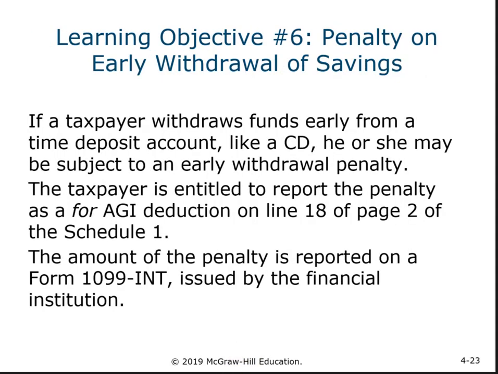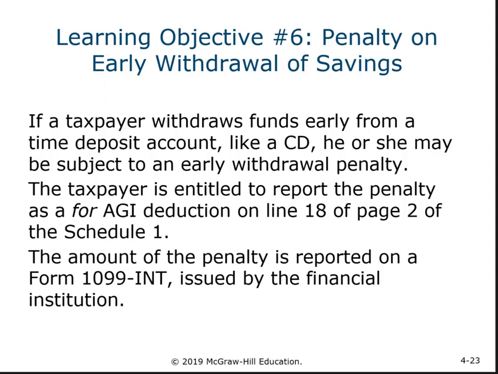All right. Now, this one doesn't come up real often either. It's also usually a fairly small amount. Okay. But if you take money out of an account early, say you buy a CD at the bank, you're putting a deposit in, and what you're agreeing to is that you're going to leave it in there for a certain amount of time.